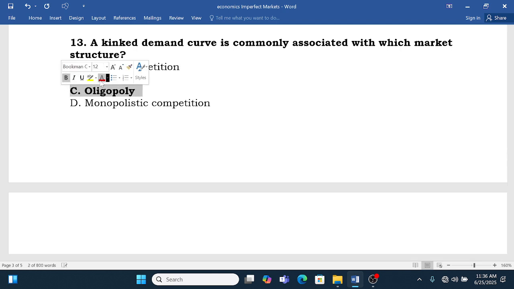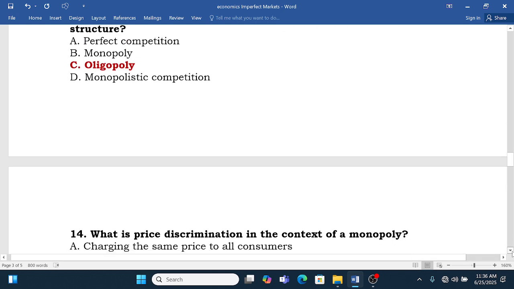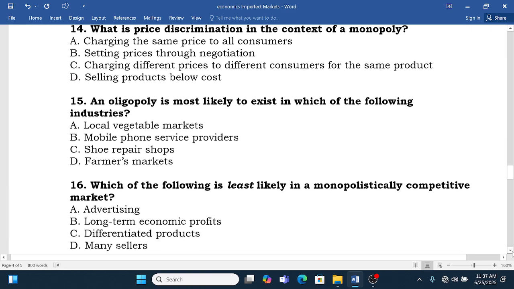Go to question number 14. The question is asking, what is price discrimination in the context of monopoly? A, charging the same price to all consumers. B, setting prices through negotiation. C, charging different prices to different consumers for the same product.